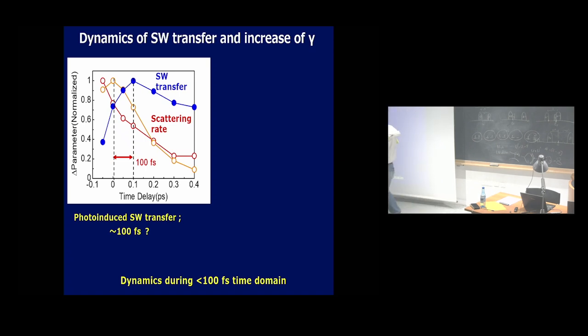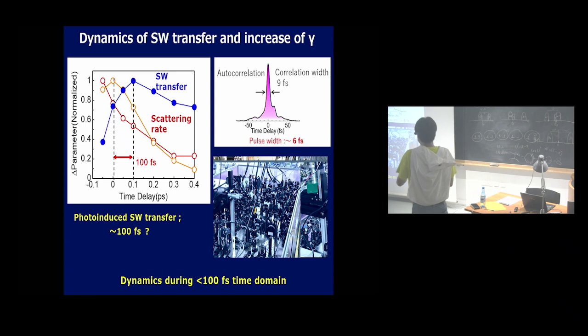On the other hand, the spectral weight increase for the interband and the mid-infrared band shows a very short build-up time of about 100 femtoseconds. But it is difficult to discuss such a 100 femtosecond time scale by using 100 femtosecond pulses. So we move to the result of the 6 femtosecond light pulses.